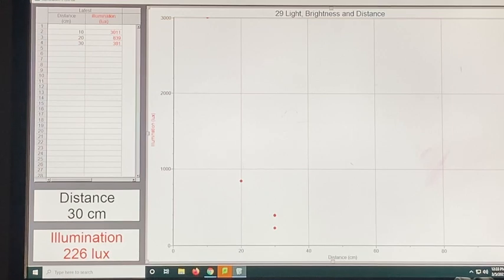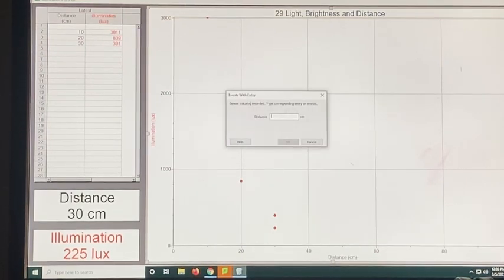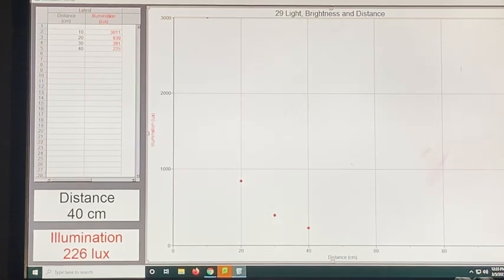So that's the distance from the light source to the sensor. Okay, at 40 centimeters it's 225. Now go up to 50.